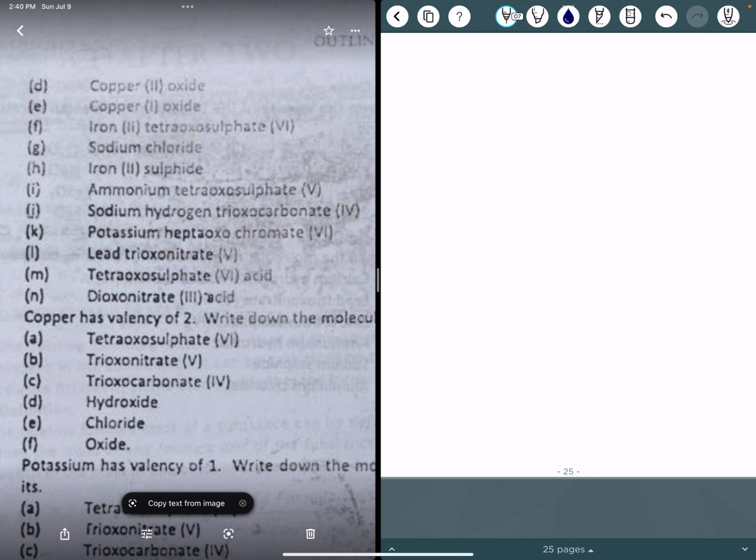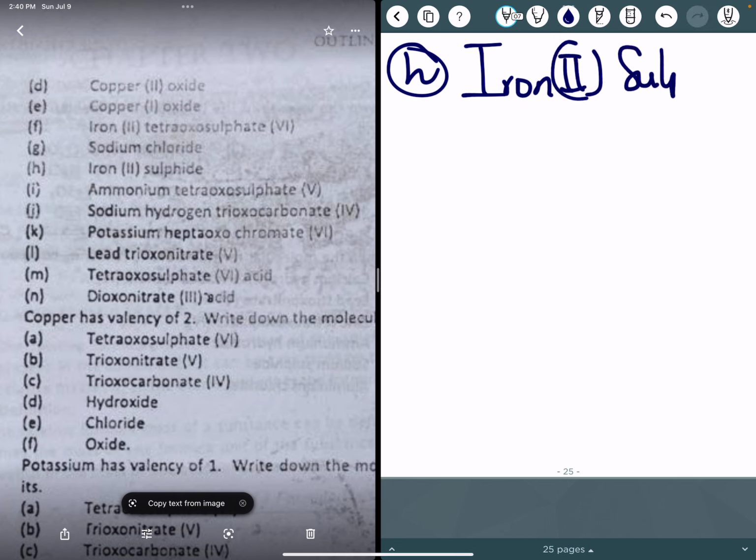That's for G. H, the compound in H is iron 2 sulfide. So in this compound, iron is charged 2+ because this 2 written here belongs to iron.